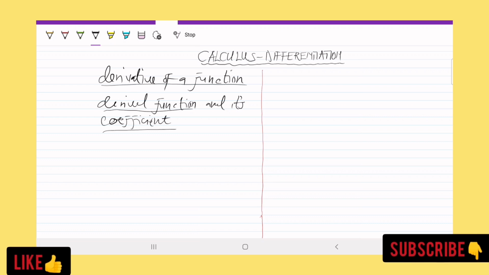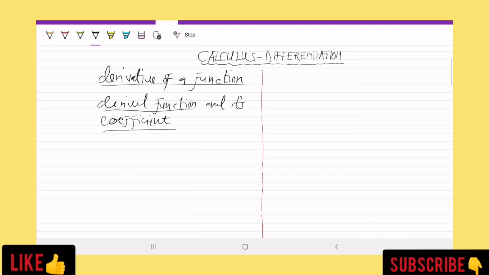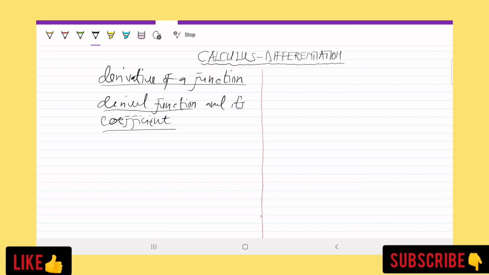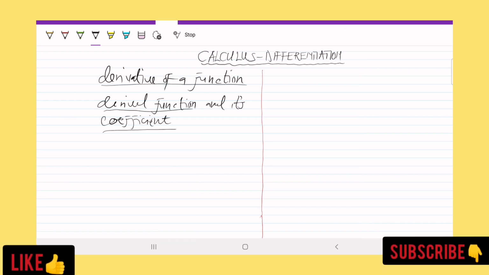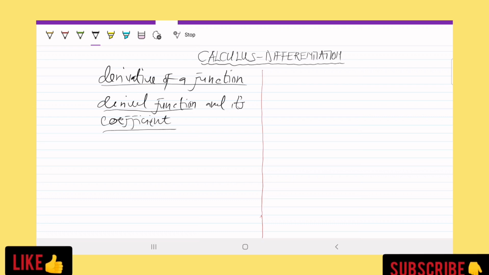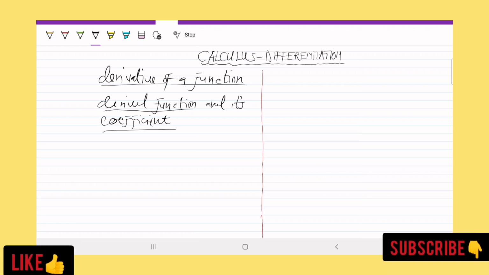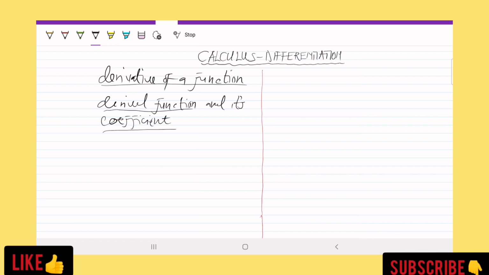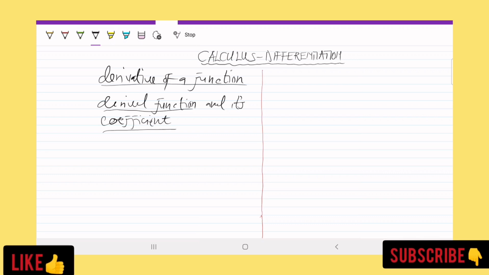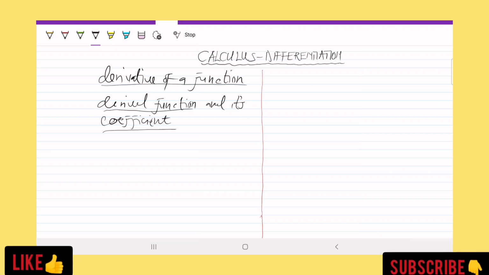We want to find a change that exists between two quantities. So once you hear of differentiation, you are talking about a change that exists between two quantities. Let's say, what is the change with respect to the speed of a car and its time?